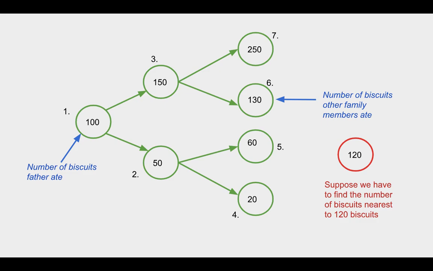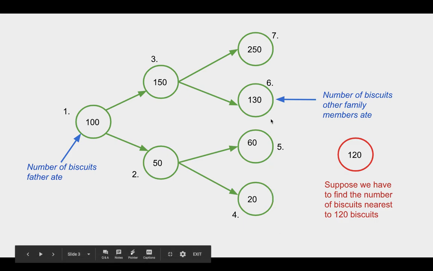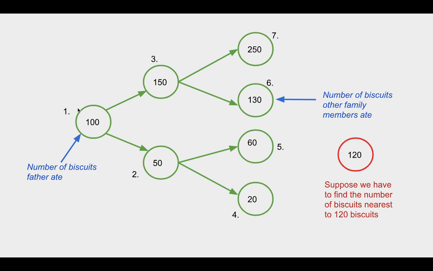You can see 7 circles on the screen, and each circle contains the number of biscuits that the family members consumed. The first circle contains the number of biscuits that the father ate, and the numbers 1, 2, 3, 4, 5, 6, 7 are the serial numbers in which the family members ate the biscuits.